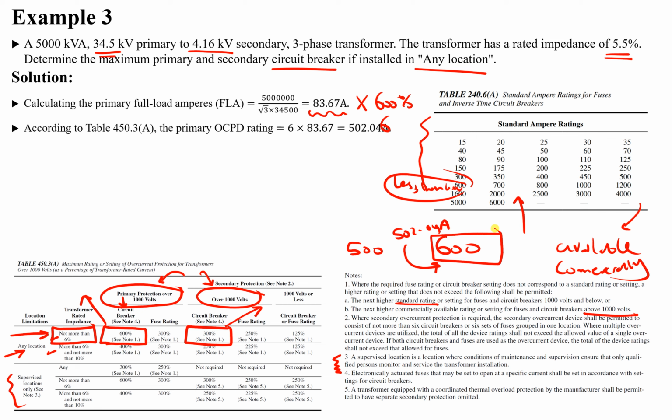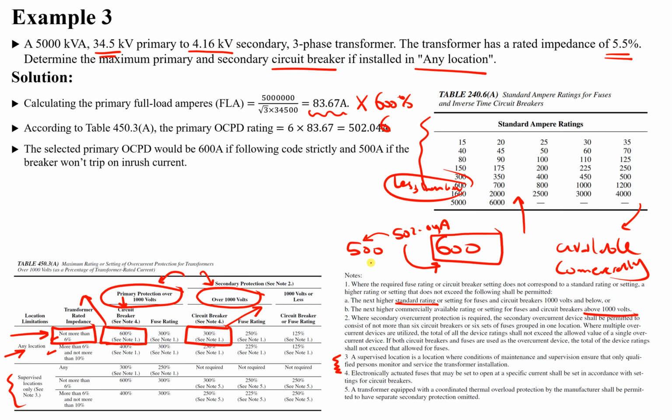But from an engineering perspective, this is 502 and this one is 500. I will say, hey, I'm going to select the 500. It is close, not very far. So if you are following the NEC strictly, use the 600.